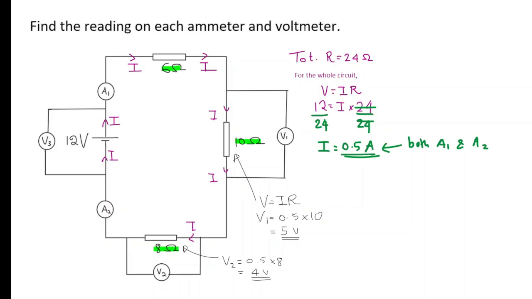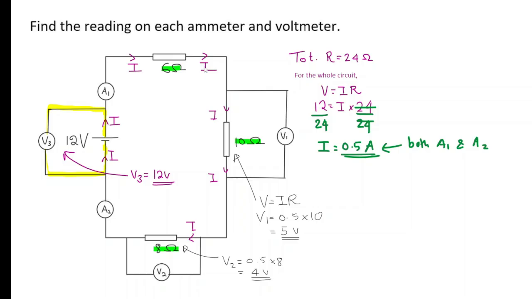And the other voltmeter is in a slightly peculiar place. It's just connected across the power supply. Now you can clearly see the positive terminal here, negative terminal here. This voltmeter V3 shows the EMF of the cell. It should be the full EMF, which is 12 volts. Now in this question, the sum of the voltmeter readings around the circuit should be 12.